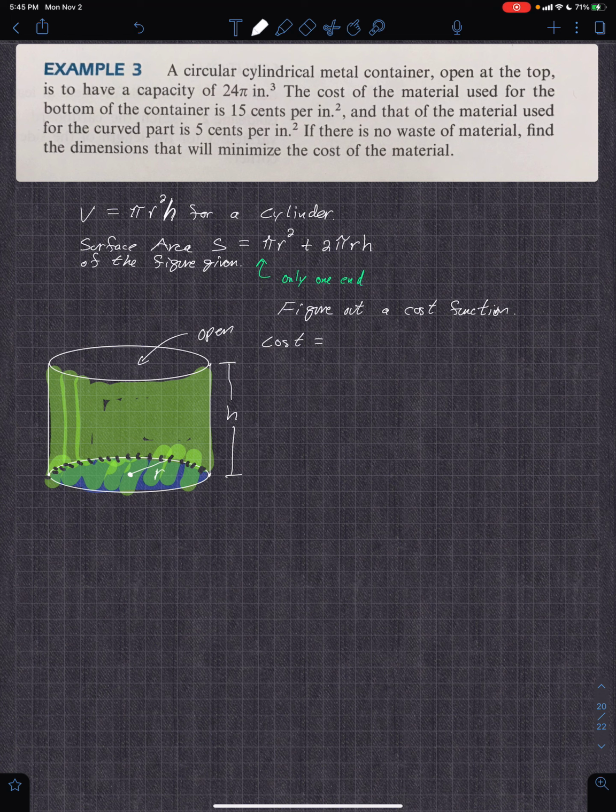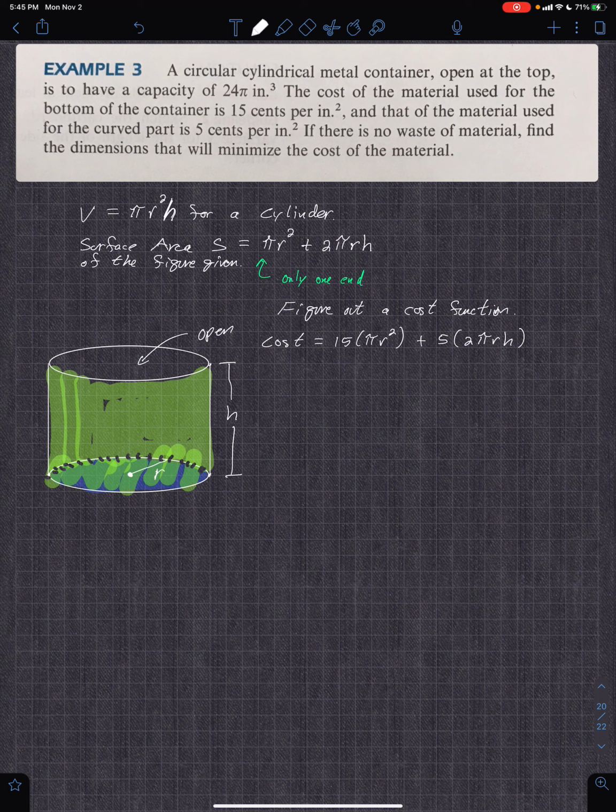So cost function is that. It's 15 times pi r squared plus 5 times 2 pi r h.